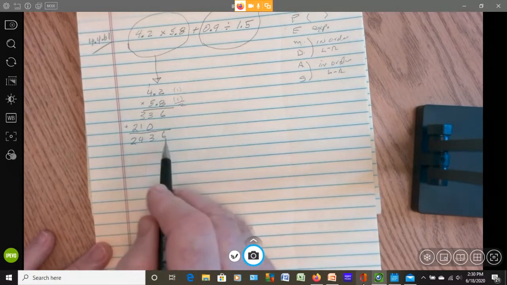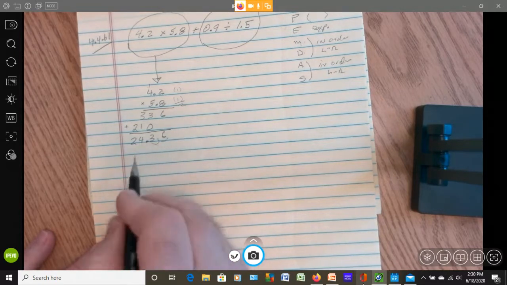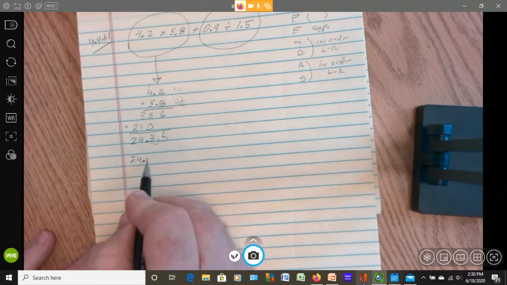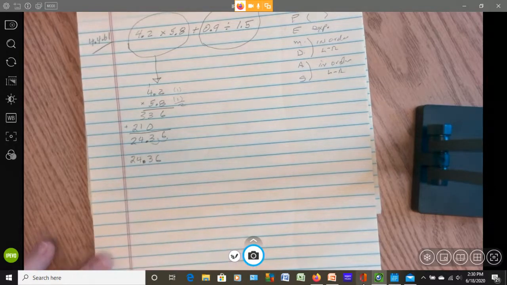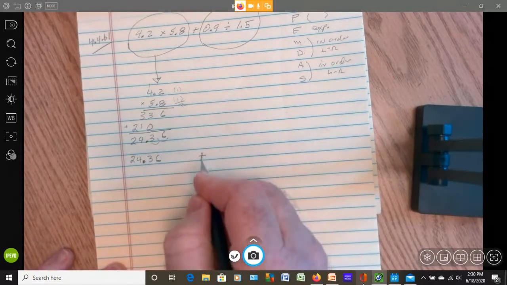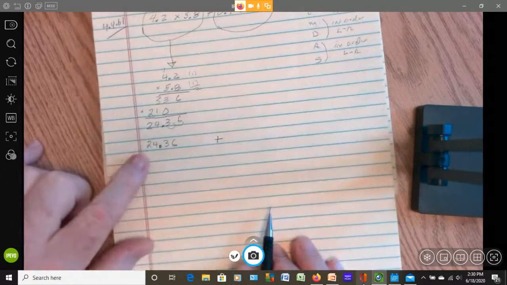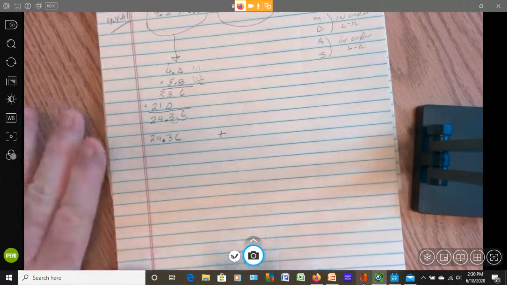So our decimal point is going to get shifted to here, so that the answer to this part of this problem is going to be 24.36, 24 and 36 hundredths. You with me? Okay. Well, we haven't gotten to the addition part yet because we haven't done the division part yet. But I want to mash on this a little more. Just bear with me now.